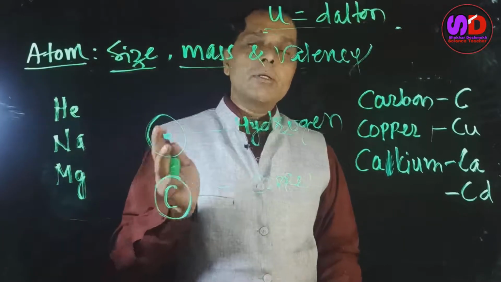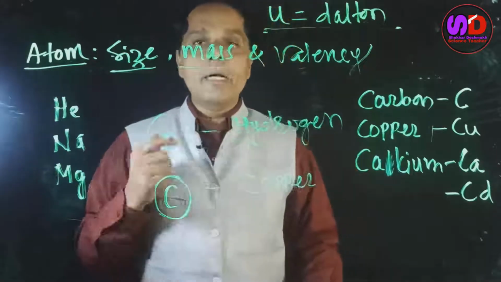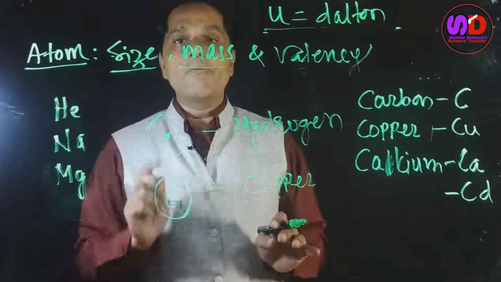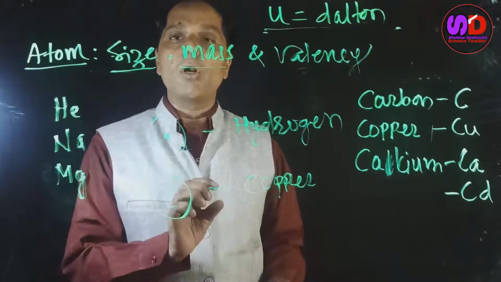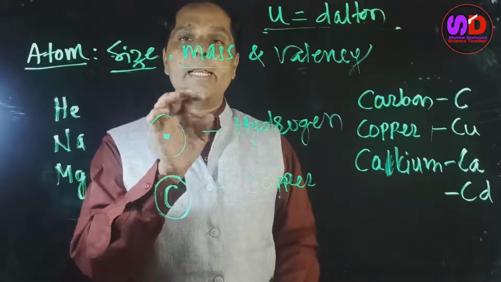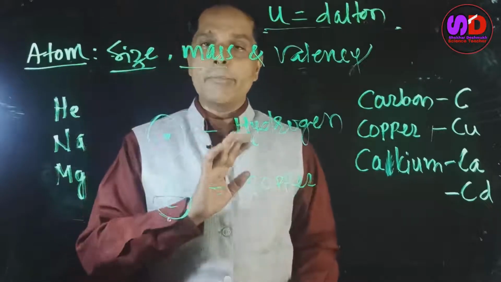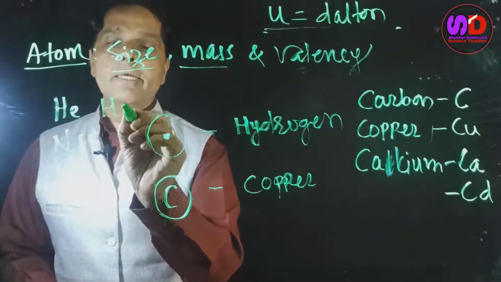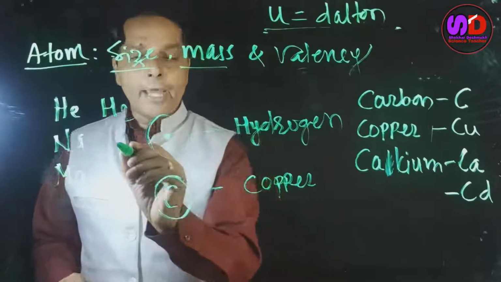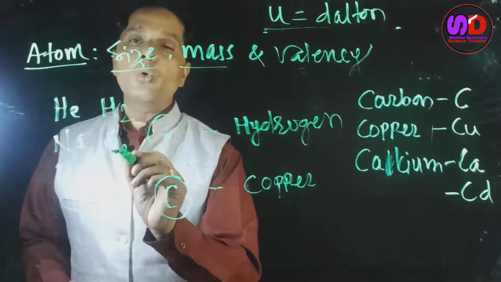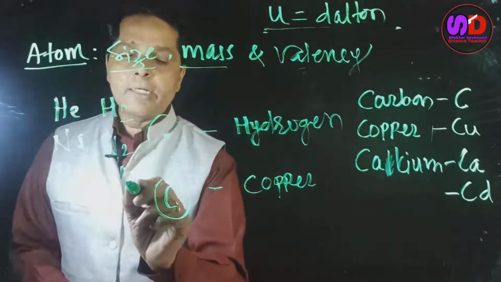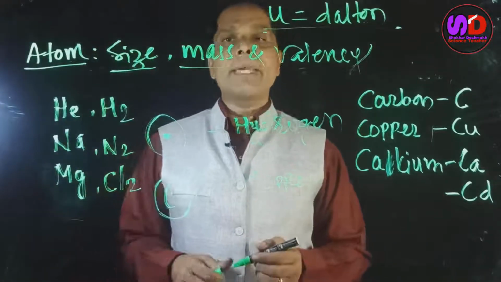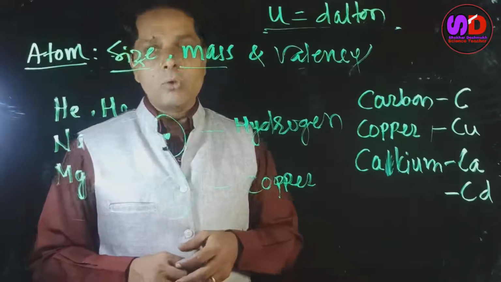But there are so many elements which are polyatomic also. That means we cannot find them in atomic form. They are always in the form of their molecule, and the molecules are either diatomic or polyatomic. Example, hydrogen, the molecule is H2, nitrogen molecule is N2, chlorine molecule is Cl2. So these are diatomic molecules, or we can say polyatomic molecules.